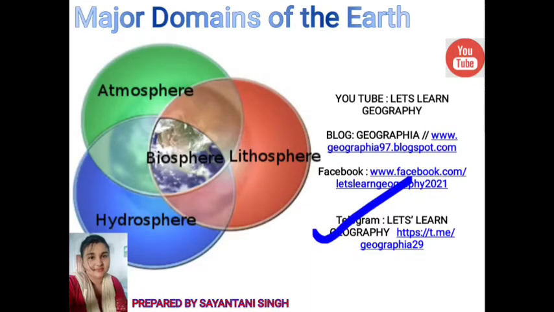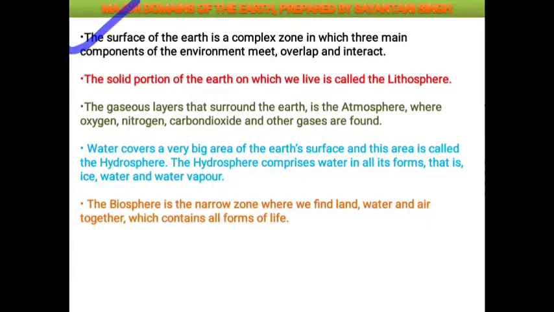So let's start the major domains of the earth. The earth consists of three major components: the lithosphere, hydrosphere and atmosphere.